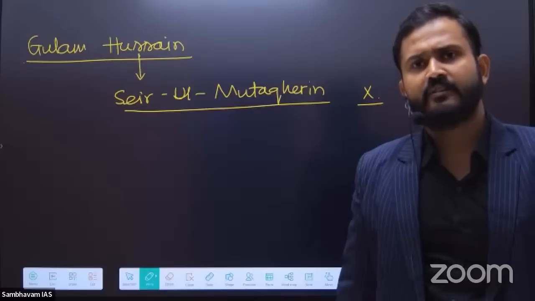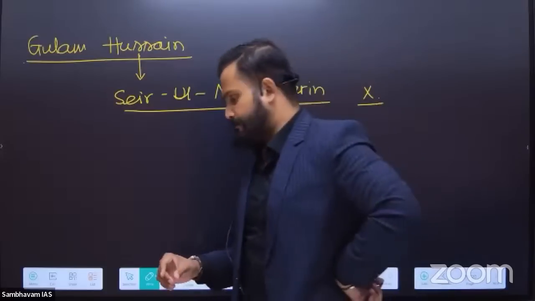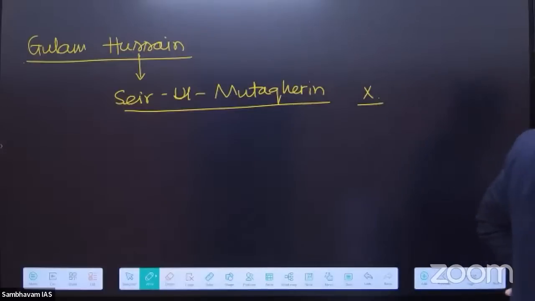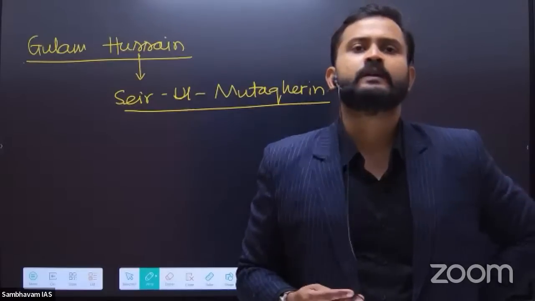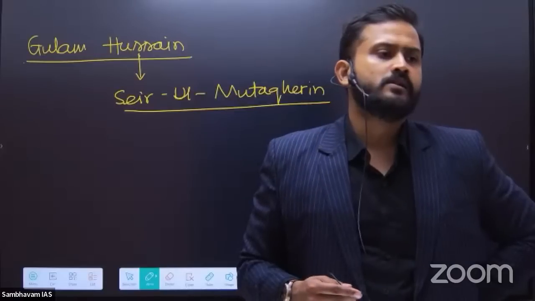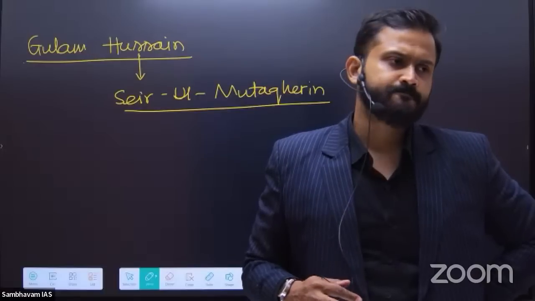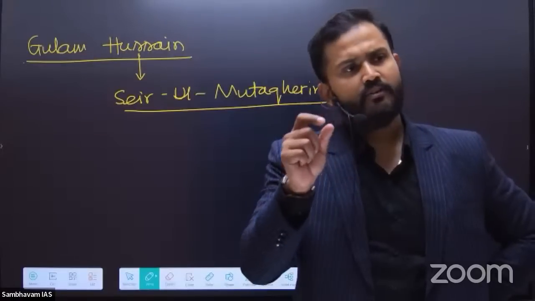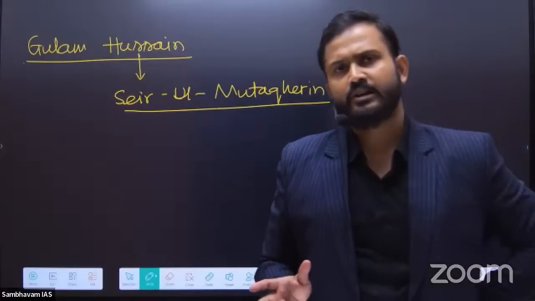Next point, immediately after, the British under the leadership of Clive, that is Robert Clive, defeated Siraj, and the Treaty of Alinagar was signed.